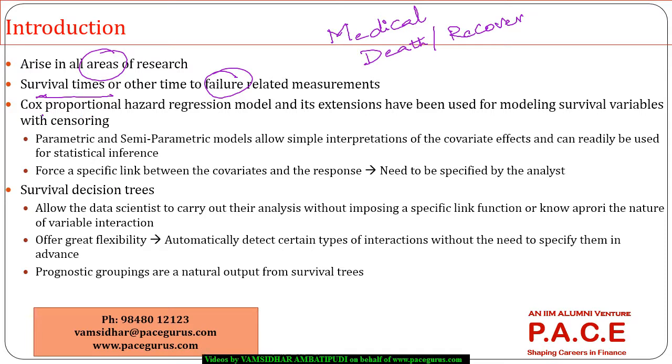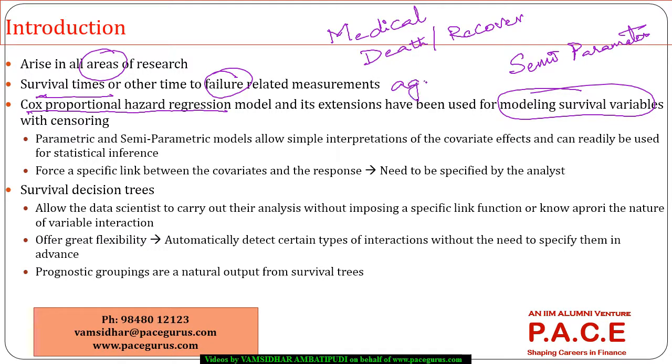Earlier, for doing this, there was a mechanism called the Cox proportional hazard regression model, which is a semi-parametric kind of model. So earlier we would have used the Cox regression for modeling various survival analysis models. There, I could have taken the age of the person into consideration, or probably the gender of the person, and based on that the time to survive, the probability of survival, would have been computed separately.